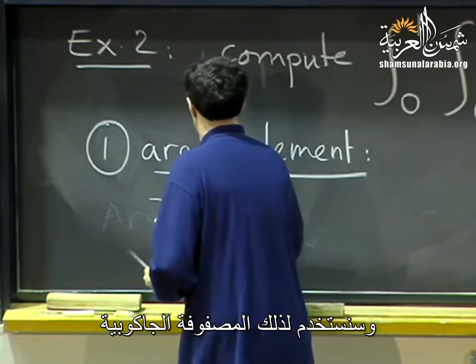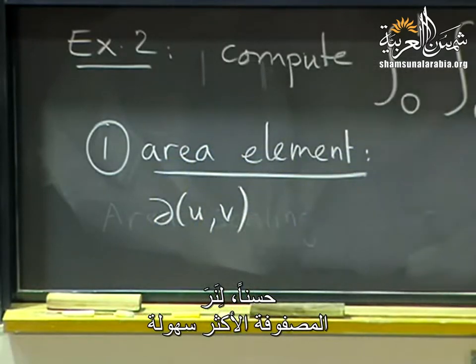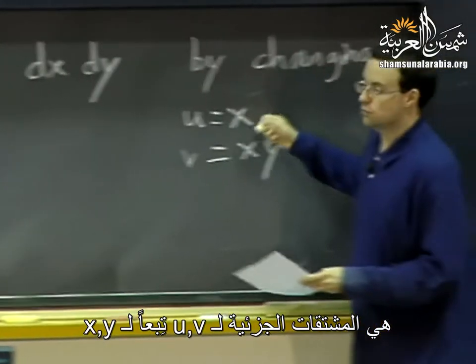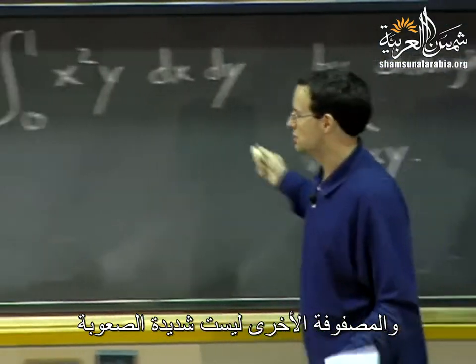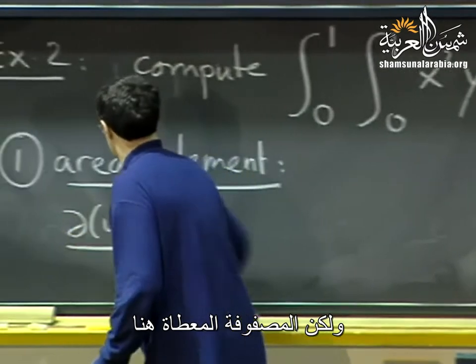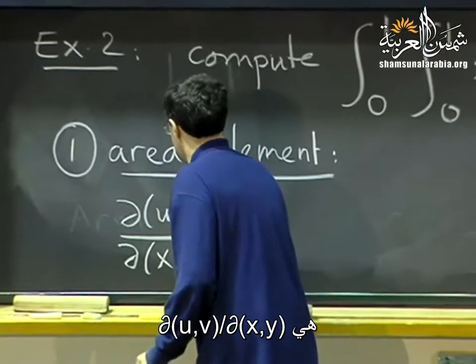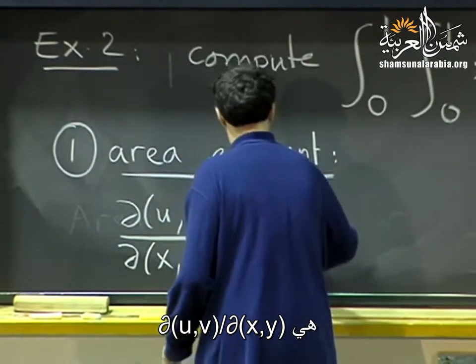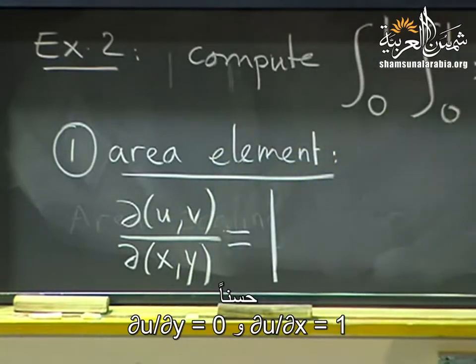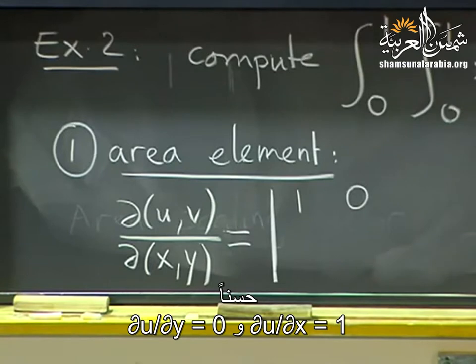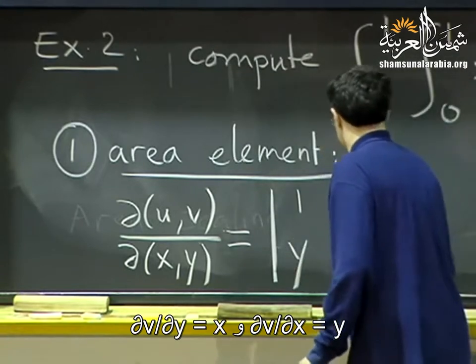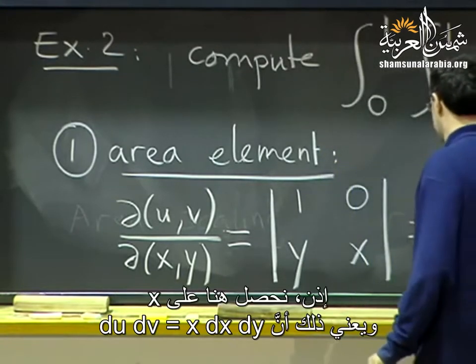Let's see. The one that we can do easily is partials of u and v with respect to x and y. I mean, the other one is not very hard because here you can solve easily, but the one that's given to you is partial of u and v with respect to x and y. So partial u, partial x is 1, partial u, partial y is 0, partial v, partial x is y, and partial v, partial y is x.